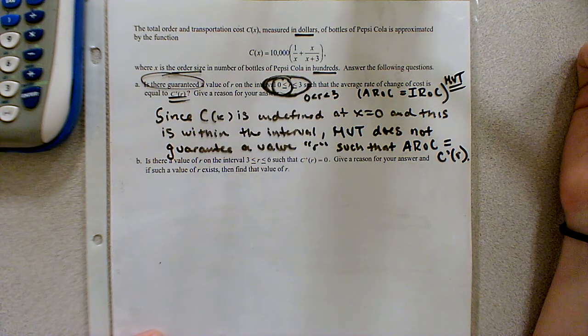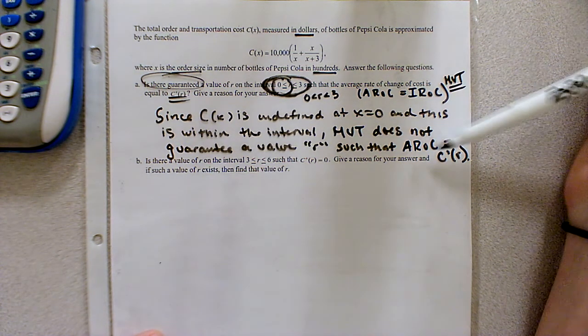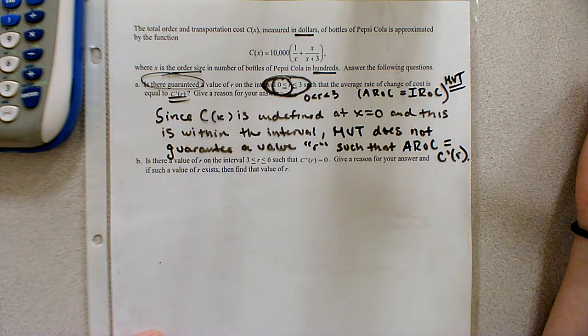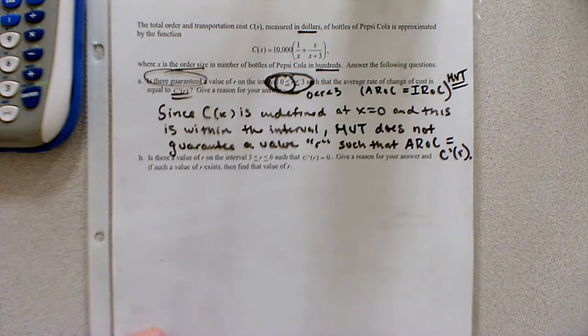So there might be a value where the average rate of change equals the derivative, but we're not guaranteed that there is one by this mean value theorem.